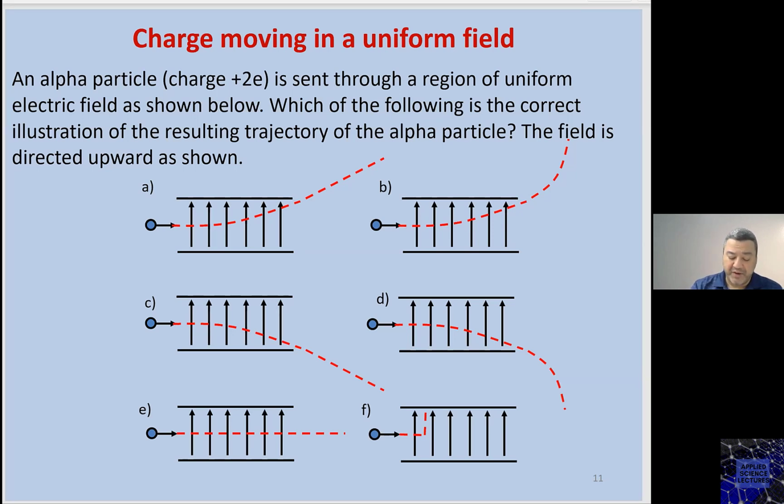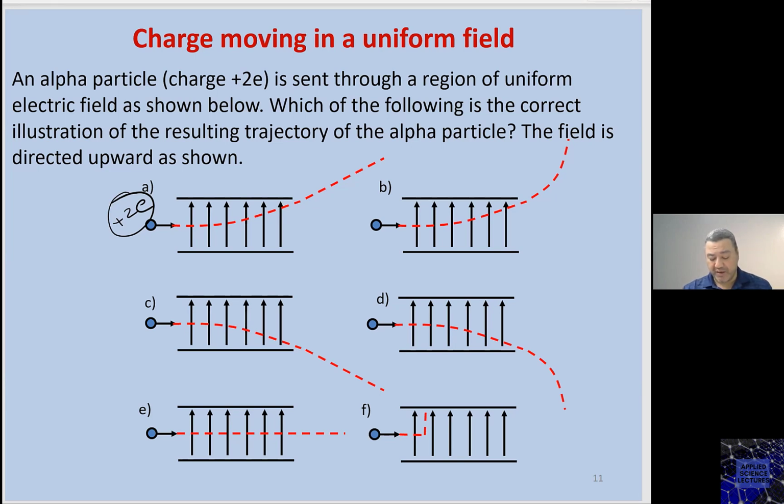If I have here a positive charge, plus 2e, and I let this charge go through a uniform electric field, which of the following figures corresponds to a correct illustration of the resulting trajectory of the alpha particle, with the field directed upward as shown?